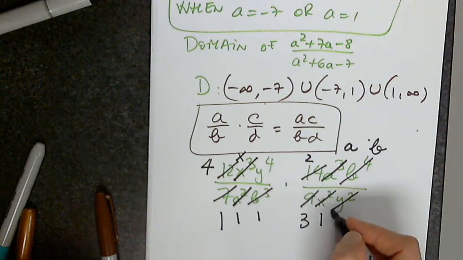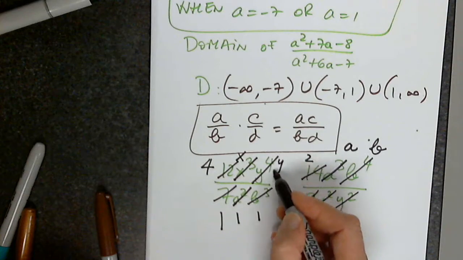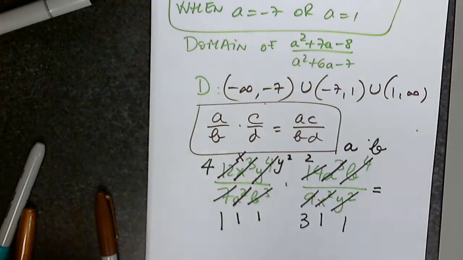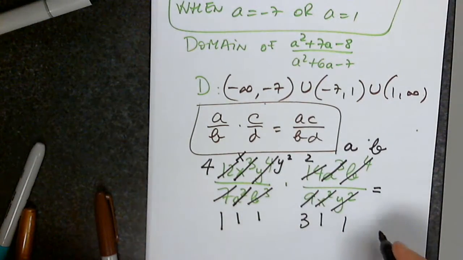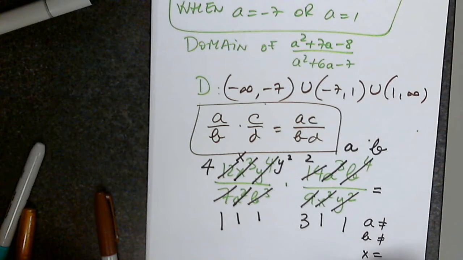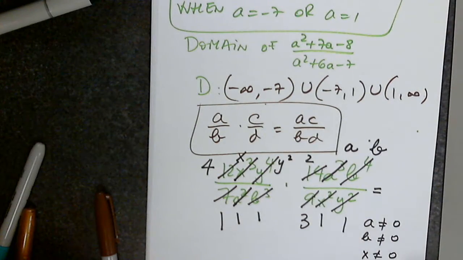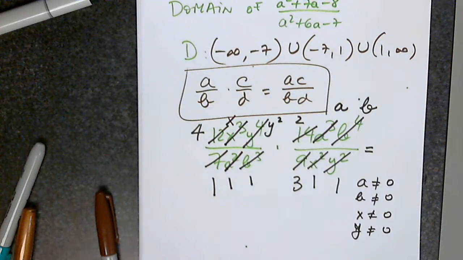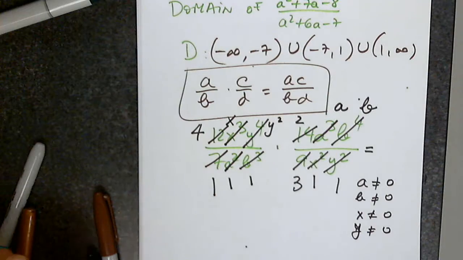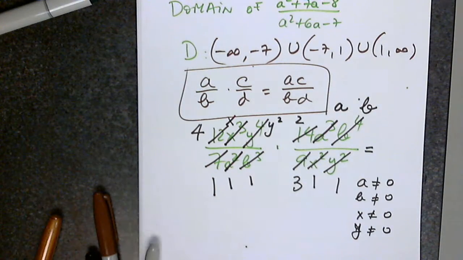And y squared, and I still have a y squared left. I should have written all those restrictions first. These are single factors, a, b, x, and y. I have to do this before I simplify. So nothing can be 0 in the denominator.